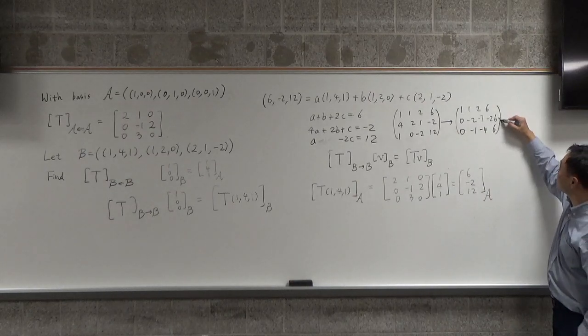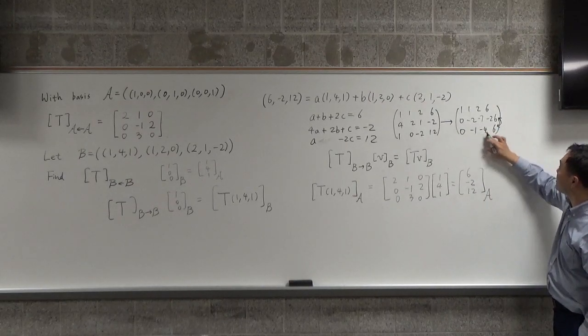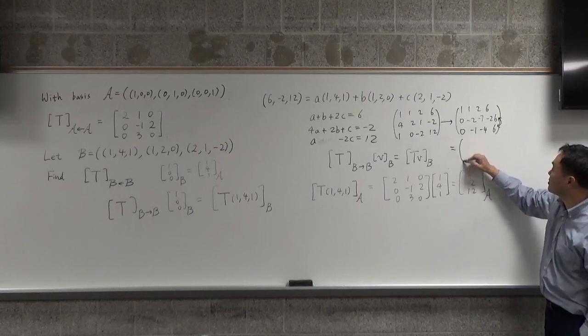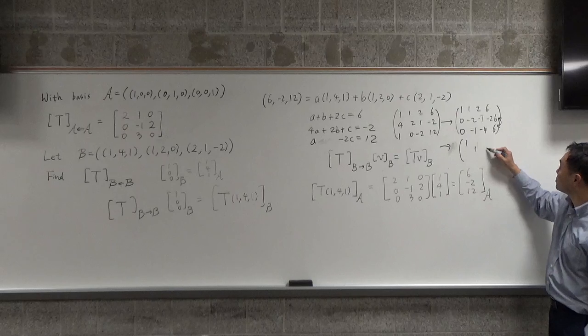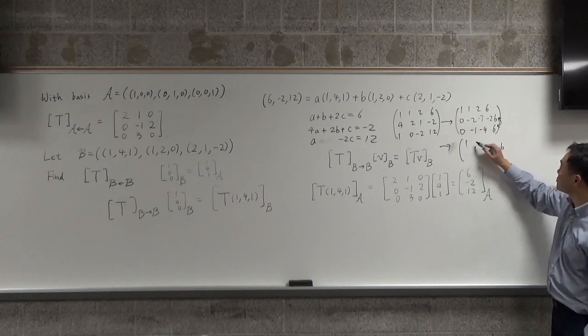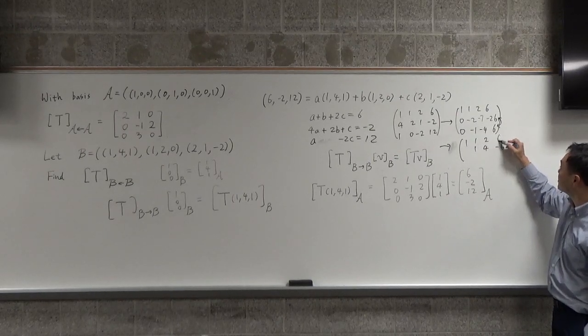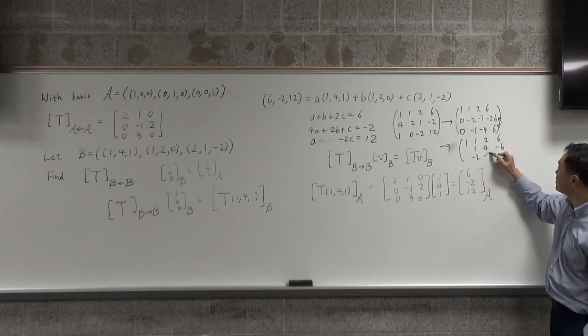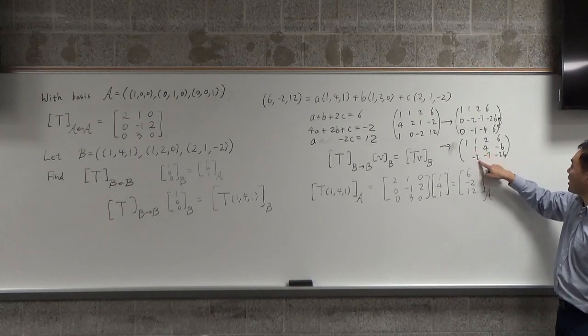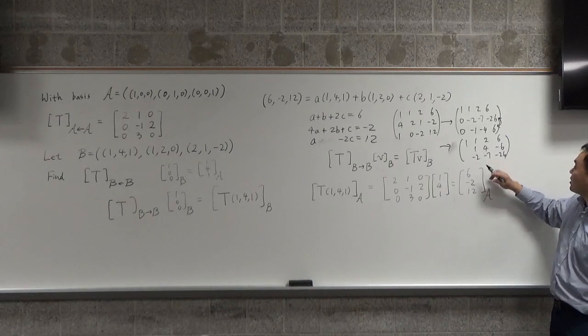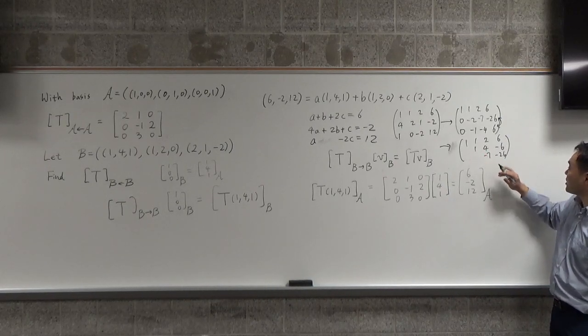Let me switch these two around and then multiply by negative 1 so that it has a 1 and 1 here. So 1, 4, negative 6 is what you get. And now you take double of this, add it here. If you do that, it would be gone.